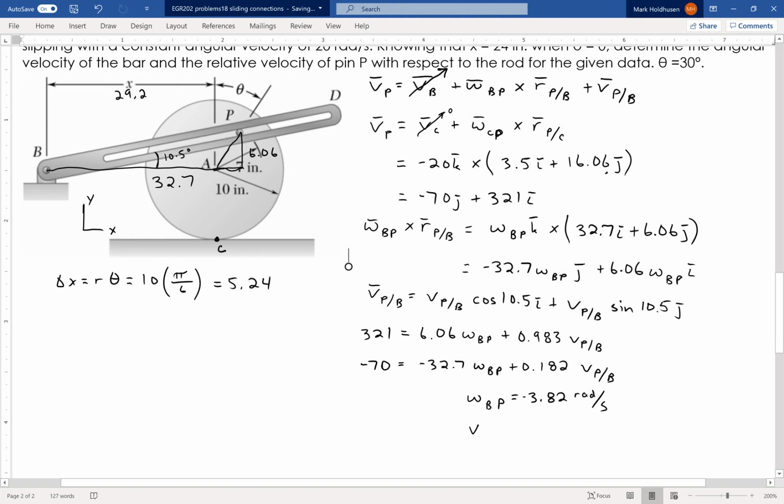And the velocity of that pin joint relative to the rod is going to be 303 inches per second. Okay? And those are the answers that I'm looking for. So again, just because that velocity was a little bit more complicated, we left this in the horizontal and vertical. You could have switched it. It just would have made the trigonometry a lot more challenging on that first term that we found.